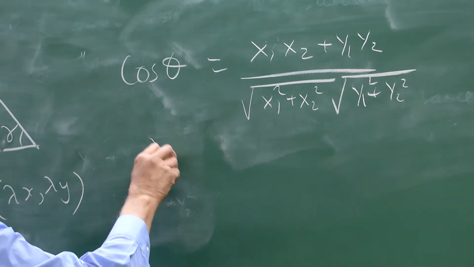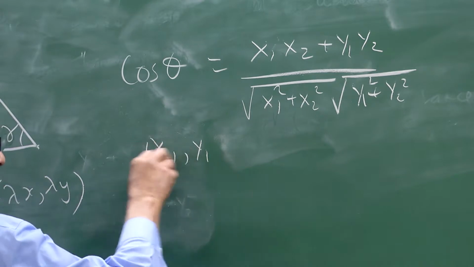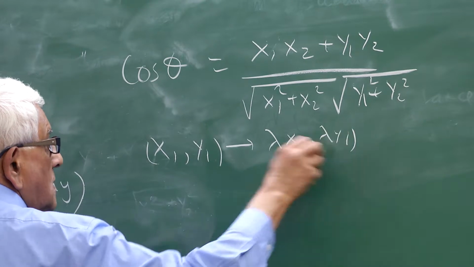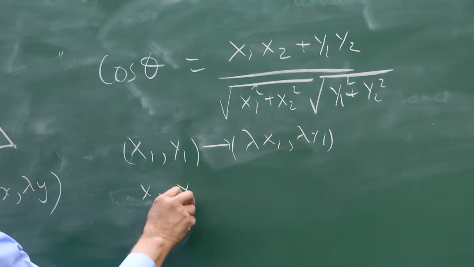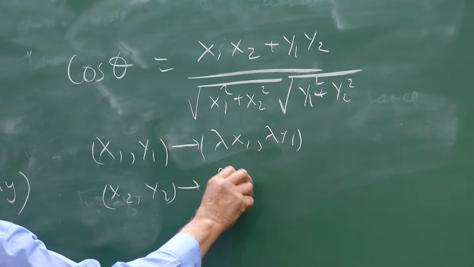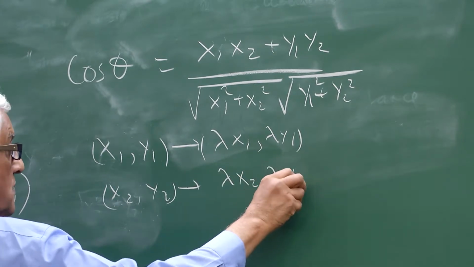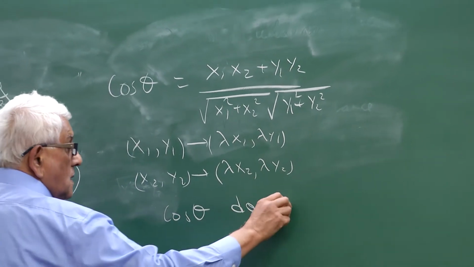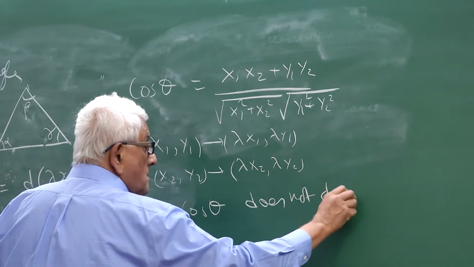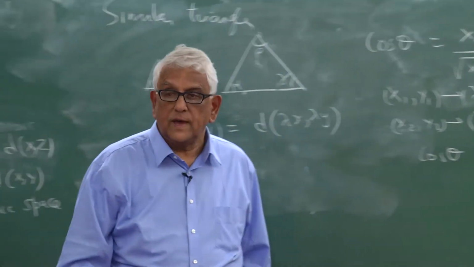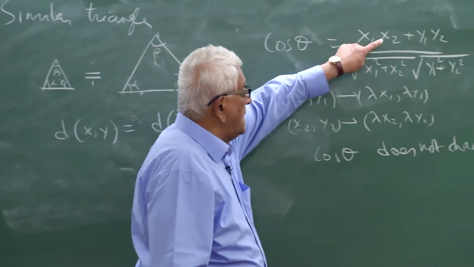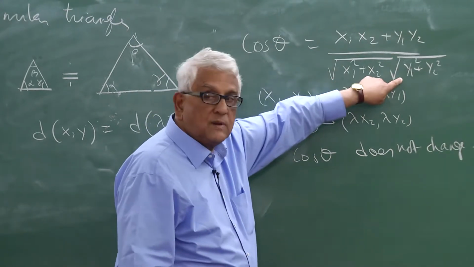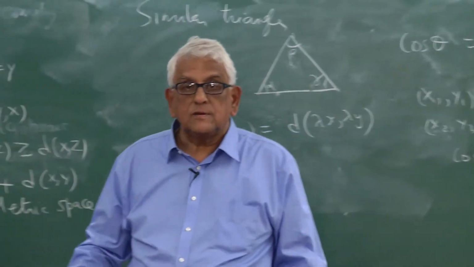So, if I change x1 y1 goes to lambda x1 lambda y1, x2 y2 goes to lambda x2 lambda y2, then cos theta does not change. Because this gets multiplied by lambda squared from outside, you get a lambda from here, a lambda from there, and the lambdas cancel out.